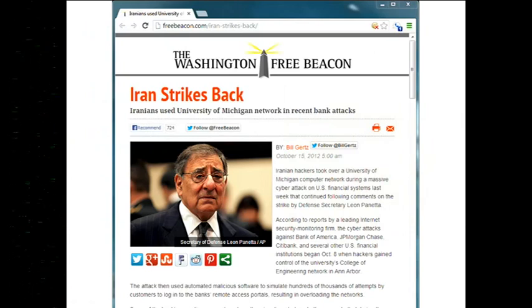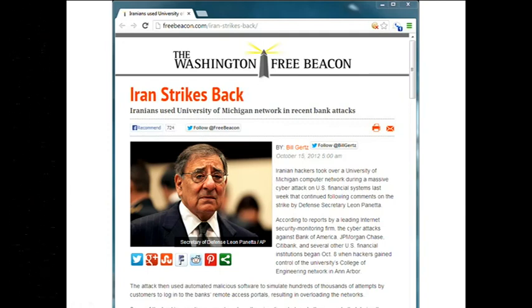Just one more story. One thing went wrong, which is that at one point during our scanning, an article appeared in a certain publication, linked to from the Drudge Report, about how Iranian attackers had taken over a large part or all of the University of Michigan College of Engineering network in order to attack US banks. There were several things wrong with this story.